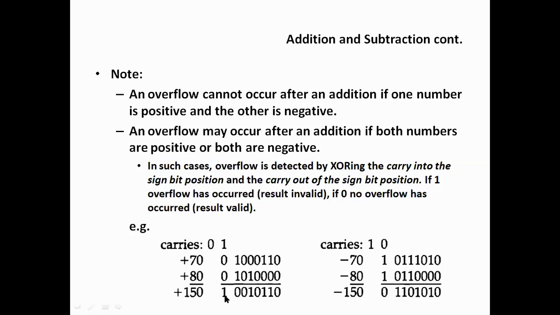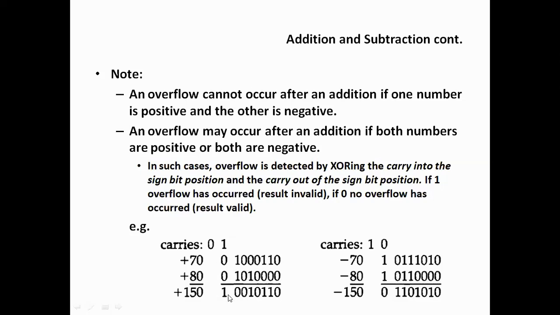And if there is an extra carry that goes out at the 9th position, we call that the carry out of the sign bit position. So if the answer is 9-bit, the 8th bit represents the sign, one carry, and the 9th bit represents another carry.